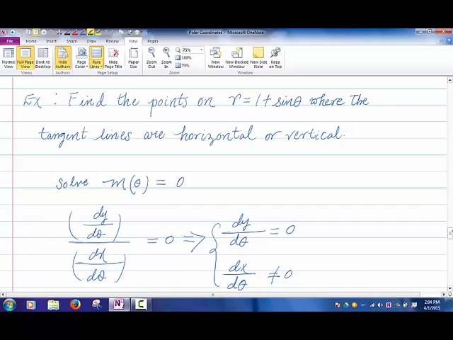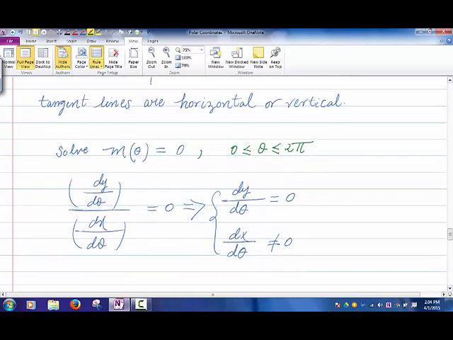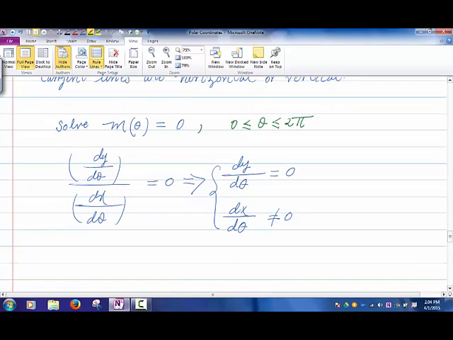I solve for the values of theta between 0 and 2 pi. Remember, we restricted theta between 0 and 2 pi when we drew the graph of the polar equation, because that suffices. Now m of theta is 0. That means dy d theta over dx d theta is 0, right? Because m of theta is dy d theta over dx d theta.